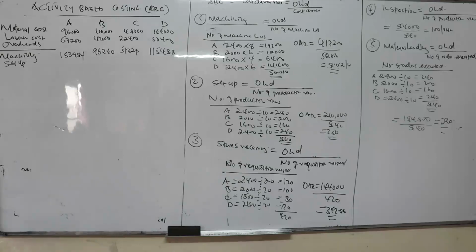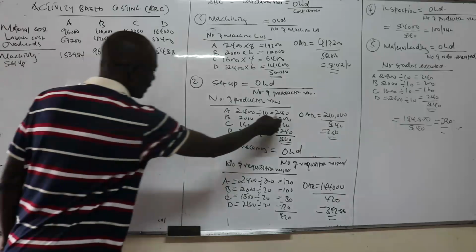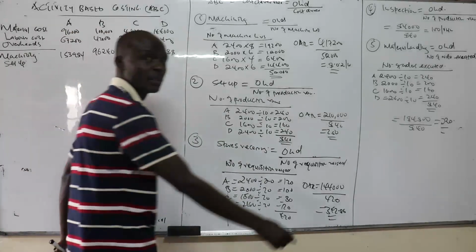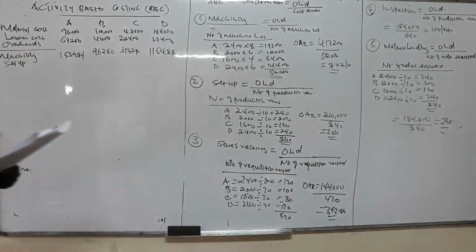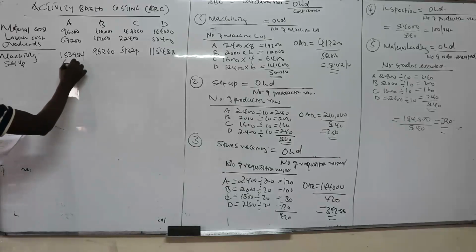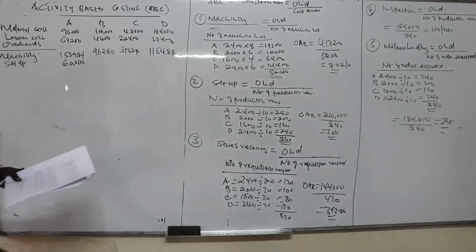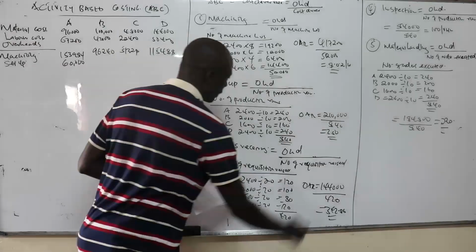We go to the next activity, which is called setup. For setup, we allocate the overhead according to the number of setups. So product A had 240 setups. The cost per setup is 250. 240 times 250, what do you get? You get 60,000. Product B had 200 setups. The cost per setup is 250.